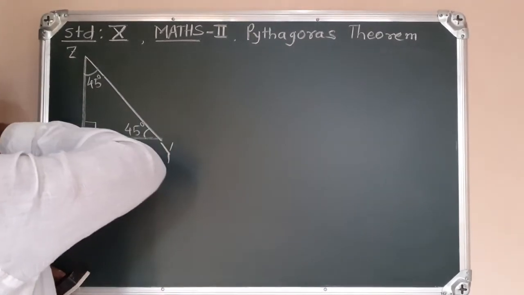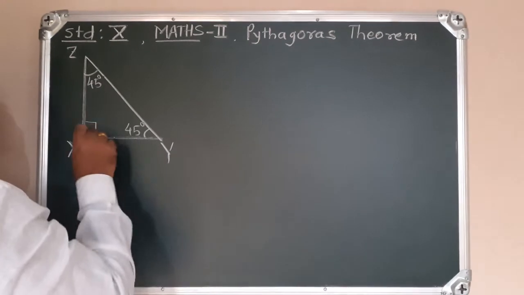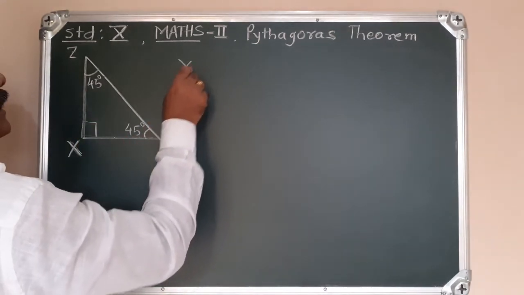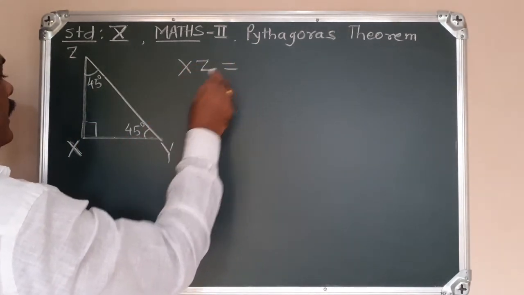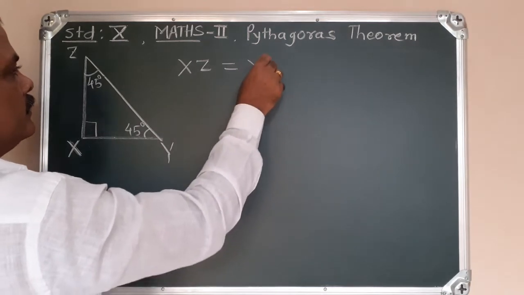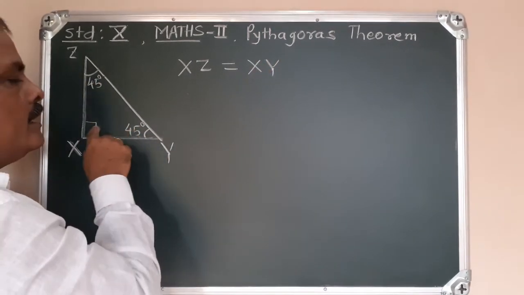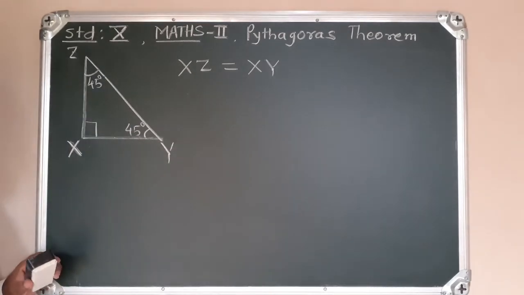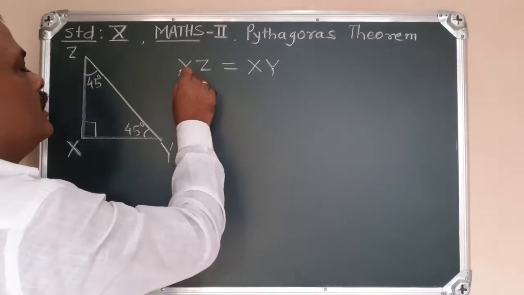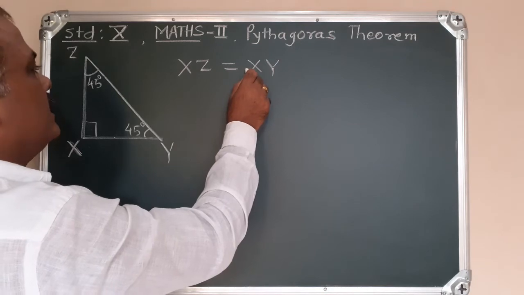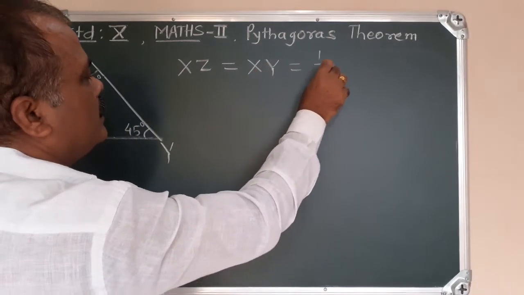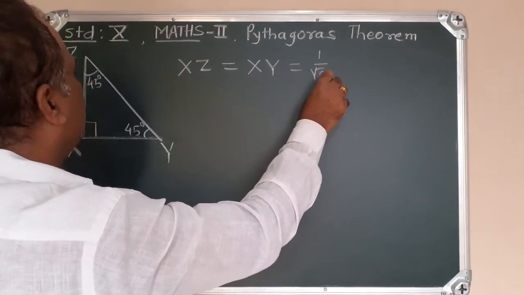So those two sides XZ and XY, they are congruent because these two angles are congruent and sides opposite to congruent angles are congruent in a triangle. So XZ is equal to XY is equal to 1 upon root 2 times hypotenuse.